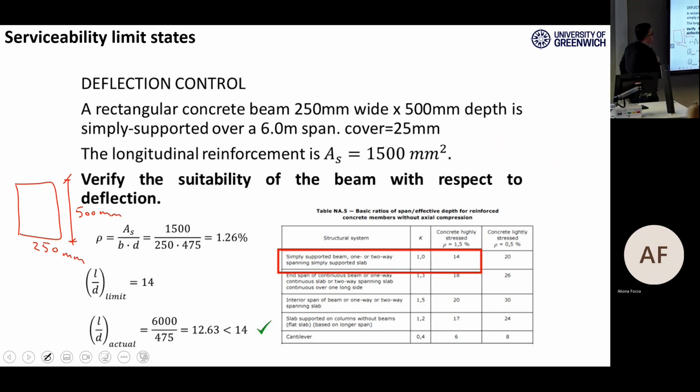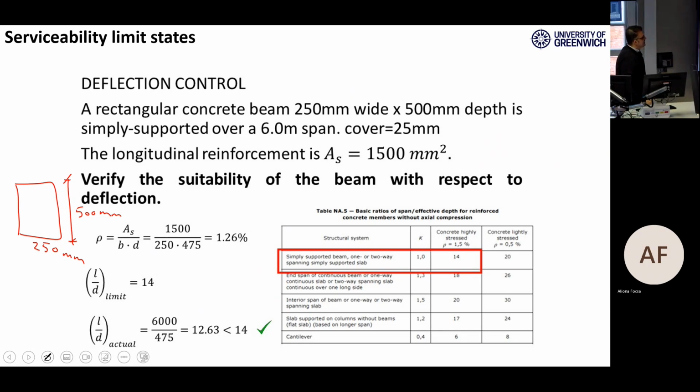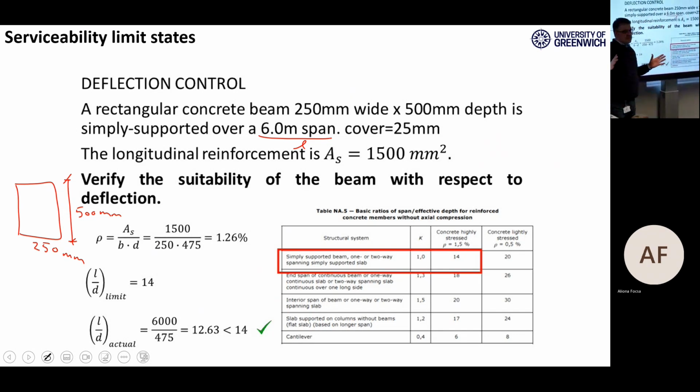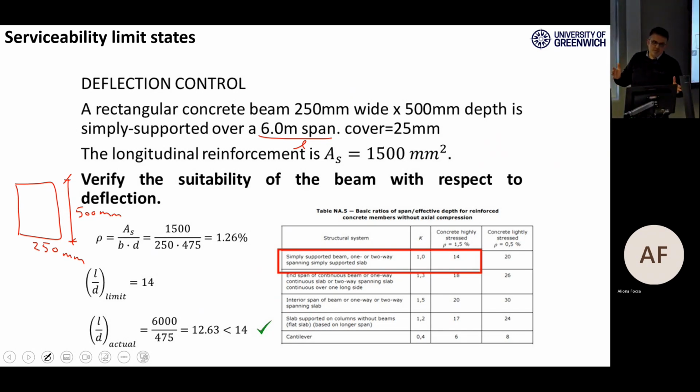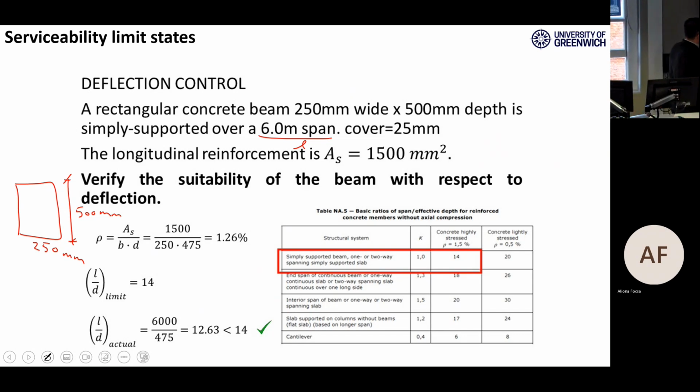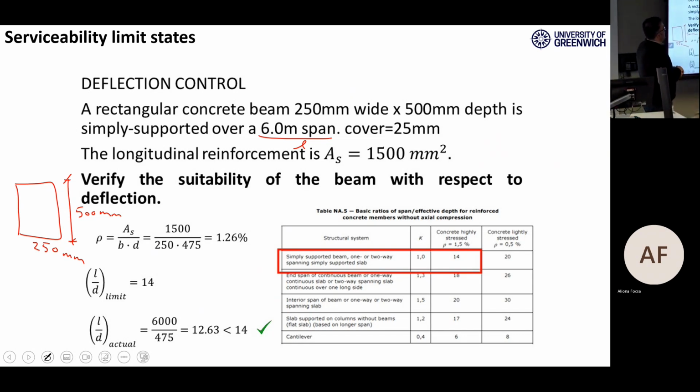Right? Simply supported over a 6 meter span. This is L. The span length is 6 meter. The length of the beam is almost 6 meter as well, axis to axis. However, the effective length is a little bit smaller because of the presence of the columns.